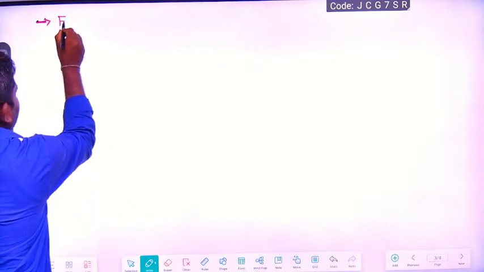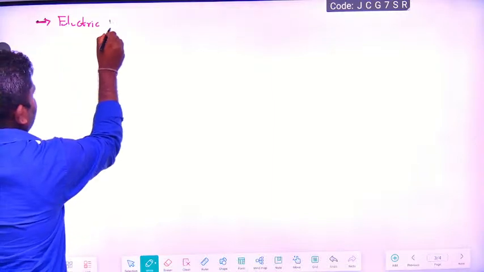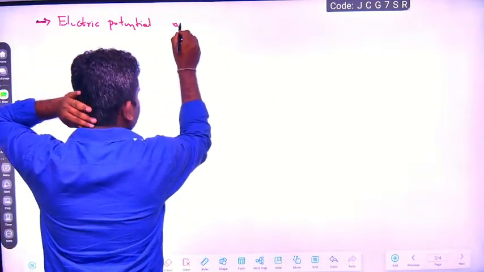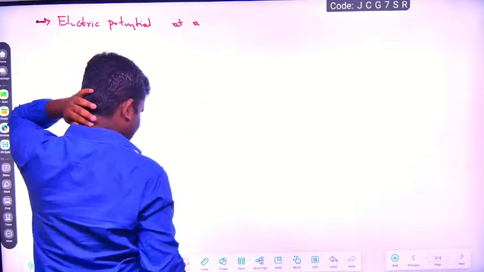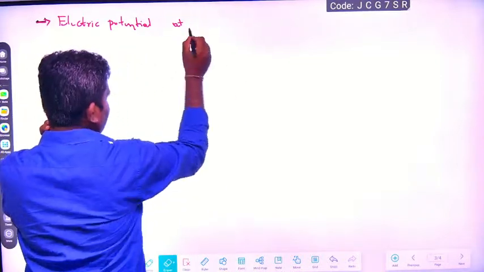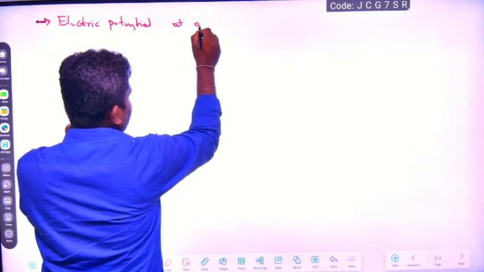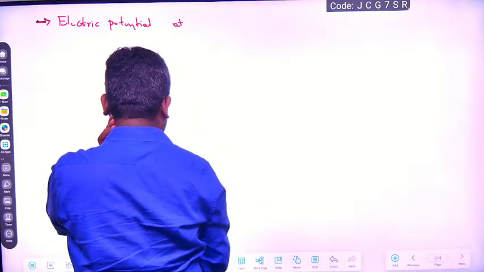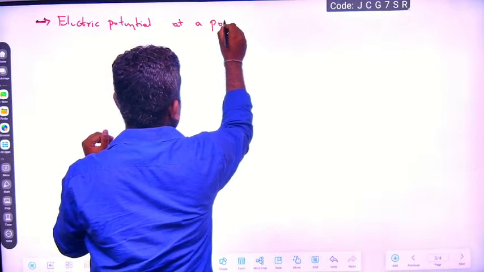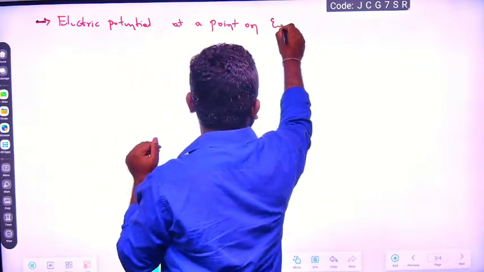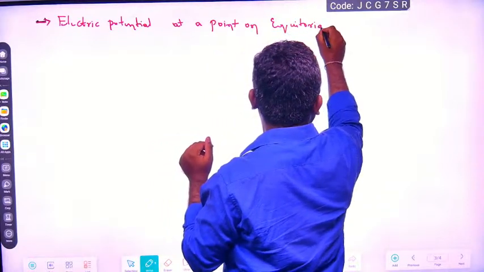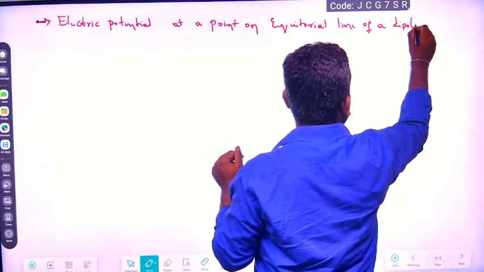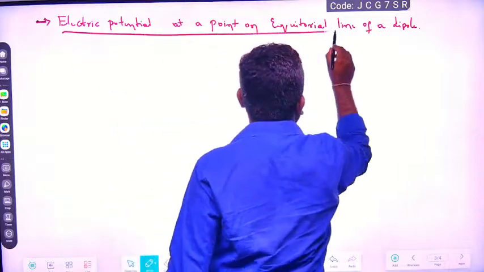Electric potential at a point on the equatorial line of a dipole. First I will take equatorial, then I will do axial.